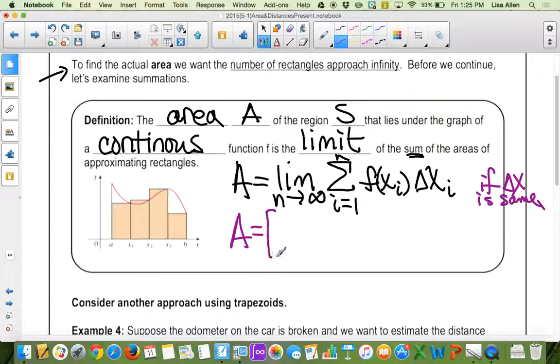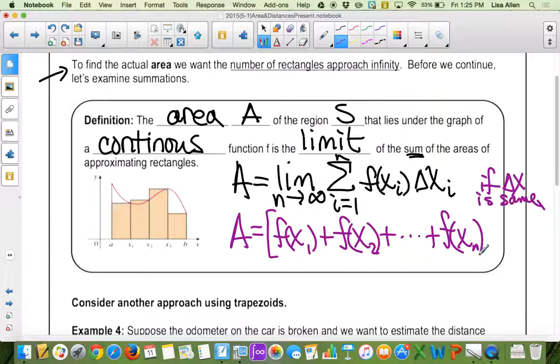We would get f of x sub 1, because this is the counter, 1, then 2, then 3, then 4, plus f of x sub 2, plus dot, dot, dot, all the way to adding f of x sub n, times that whole quantity times delta x. Okay, and if delta x is the same, we'll just write it as delta x.